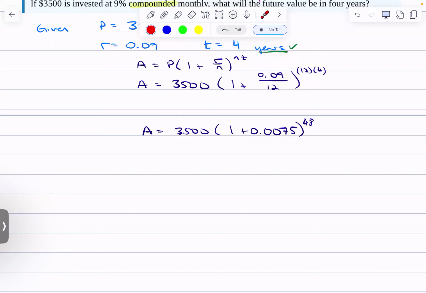So what I would do, if it's annoying to write out, which is what most people are trying to avoid, trying to not write out a huge number, is just keep 0.09 divided by 12 on your page. That's fine, because this is true.